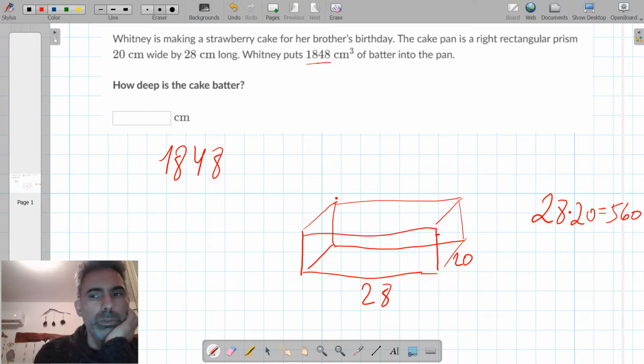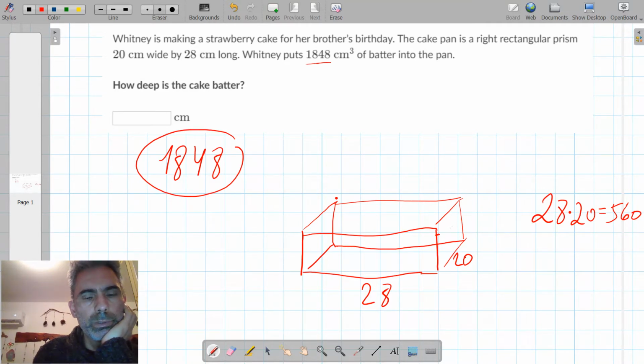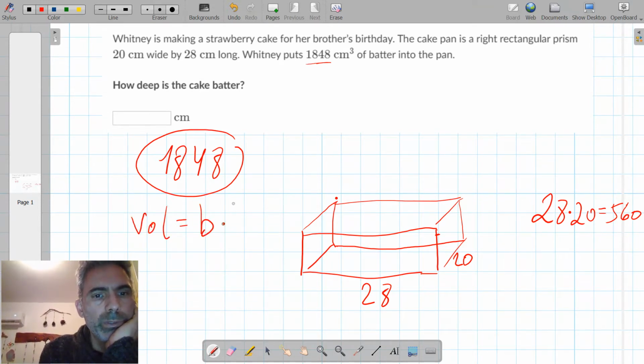Okay, you know that the volume is the base times the height. And the volume is 1848, and the base is 560 times h.